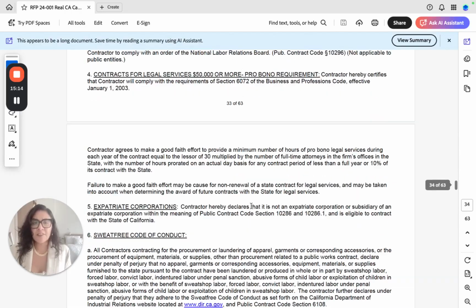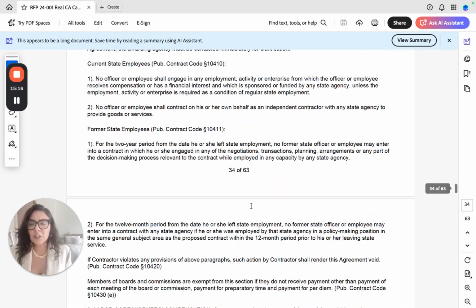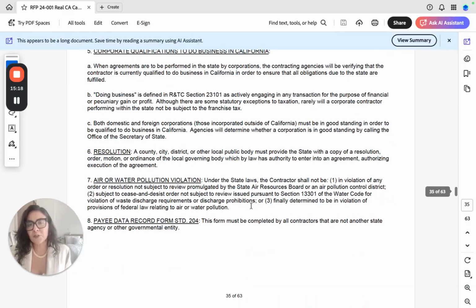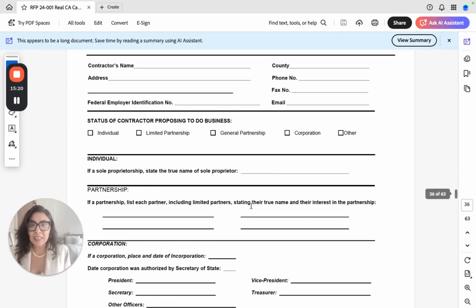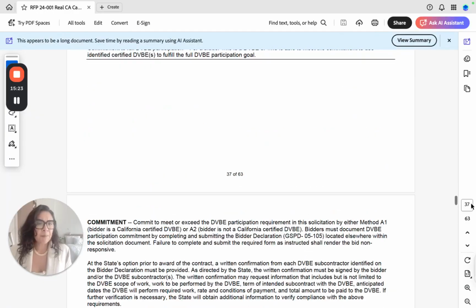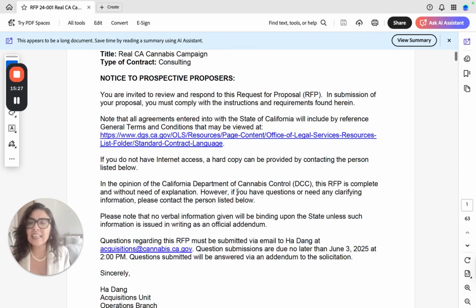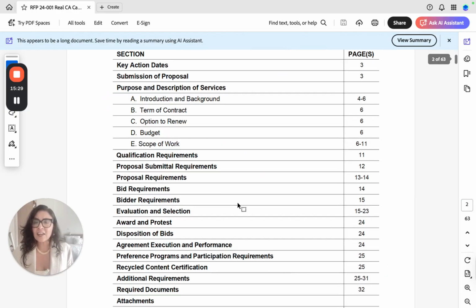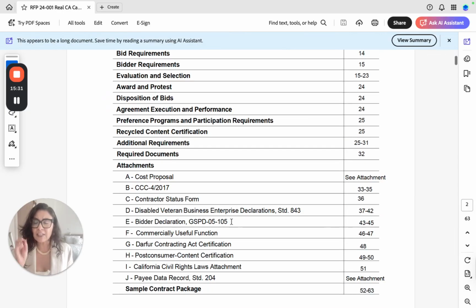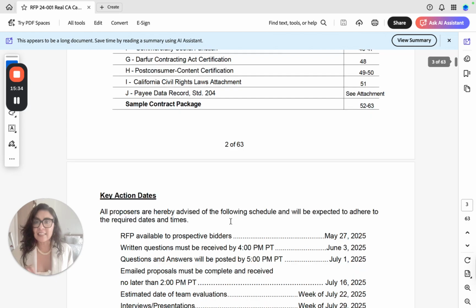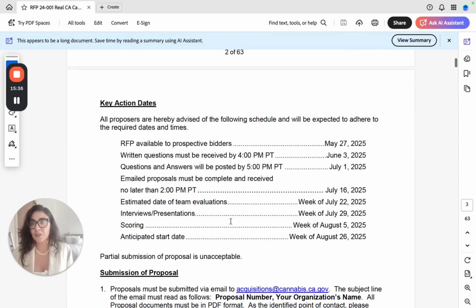And then here at the very end of the RFP, usually you'll find the documents that you need to fill out and submit with your package. But you should go through the entire RFP and find anything that is outside of the instructions to offers that needs to be included in your proposal.